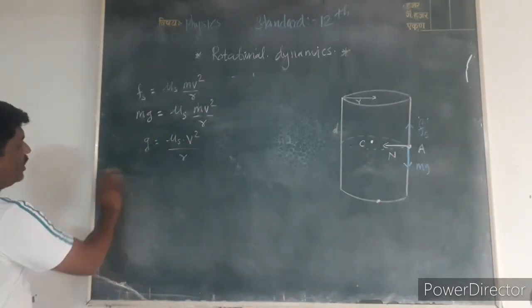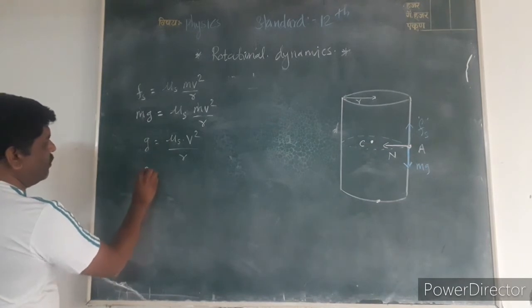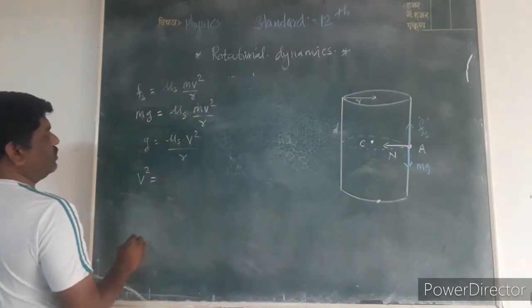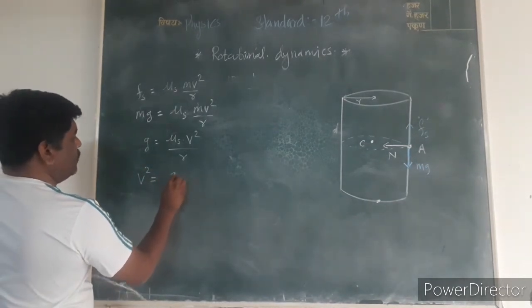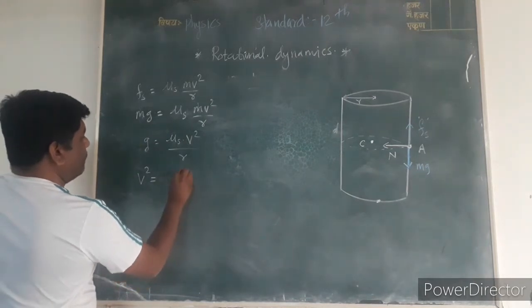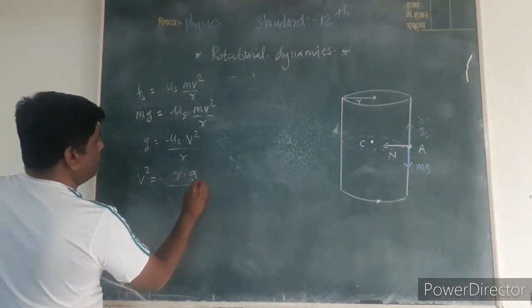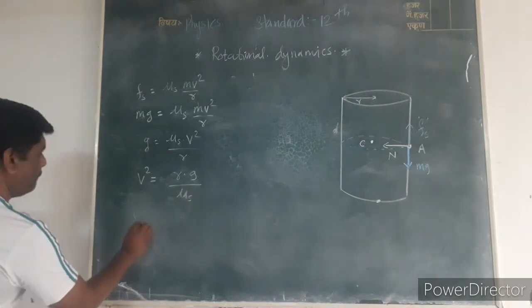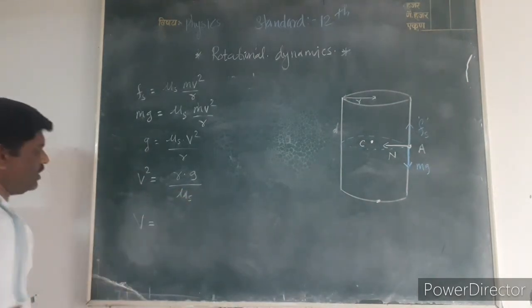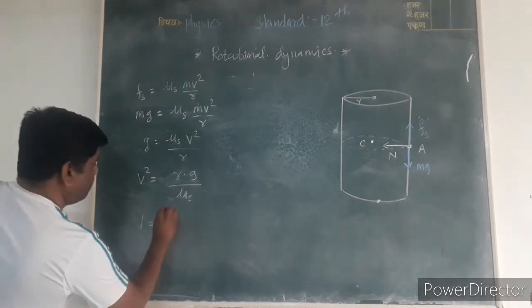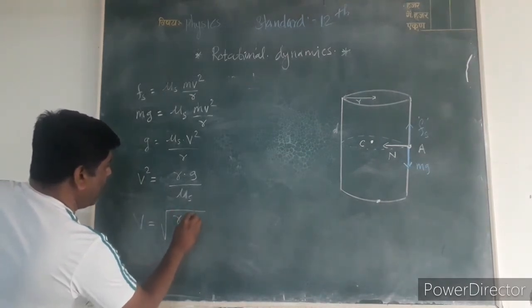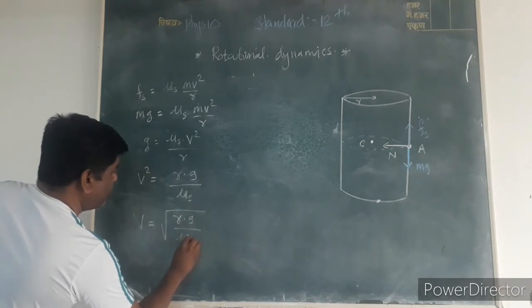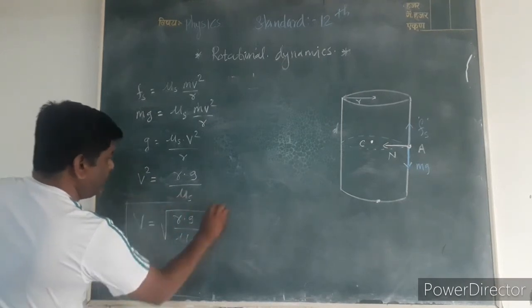Then this velocity, v square is equal to r g divided by mu s, or v is equal to under root rg divided by mu s.